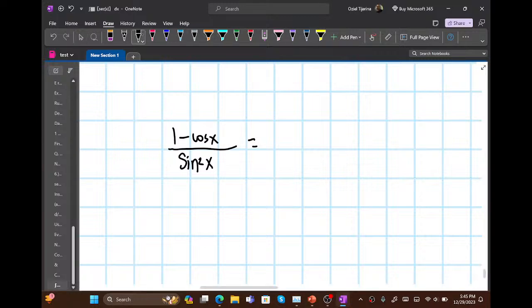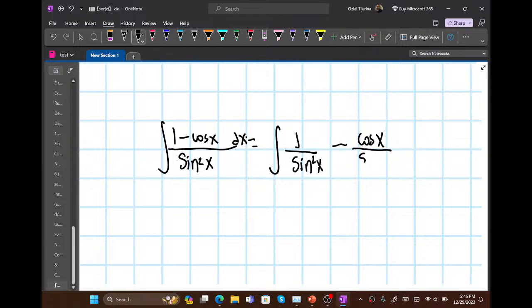So if I integrate this, it's gonna go like this. The integral of 1 over sine squared x minus cosine x over sine squared x dx.